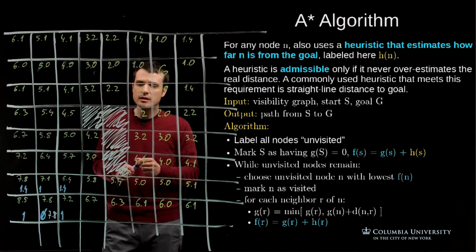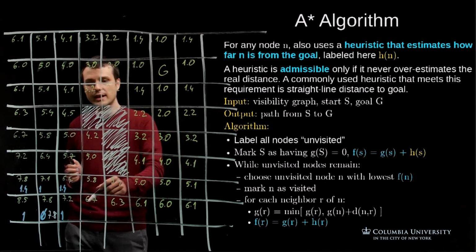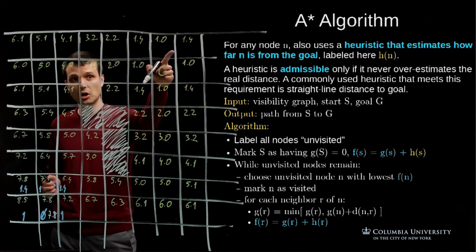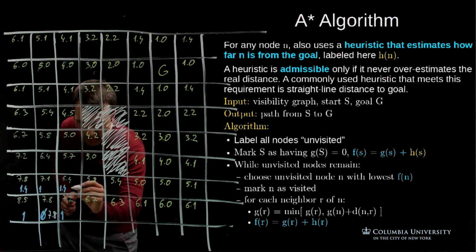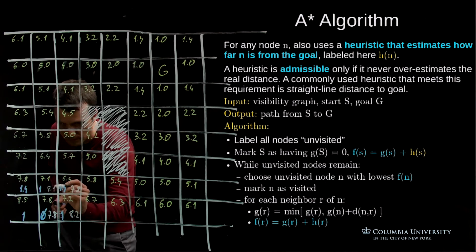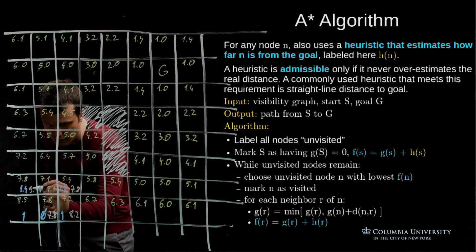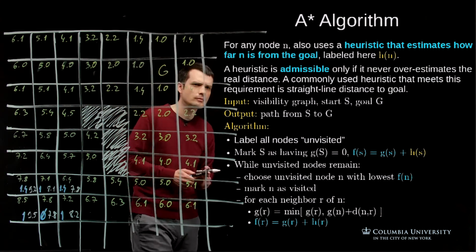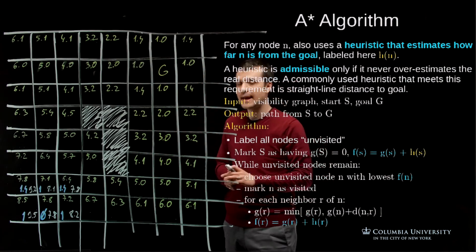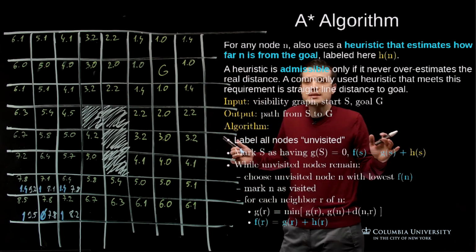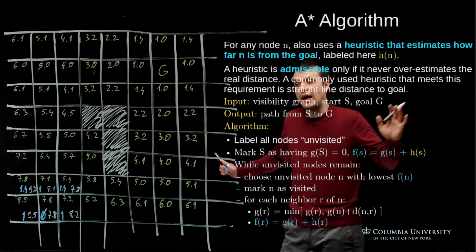And then for each of these, if I add up the length of the path from the start plus the estimate of how far I have to go to get to the goal, the total number there is my best guess of the total length of the path to get to the goal. So I just add those two numbers up. And now, when I choose who to visit next, I choose the cell with the lowest number in white. That's my best guess of the best way for the entire path to go.